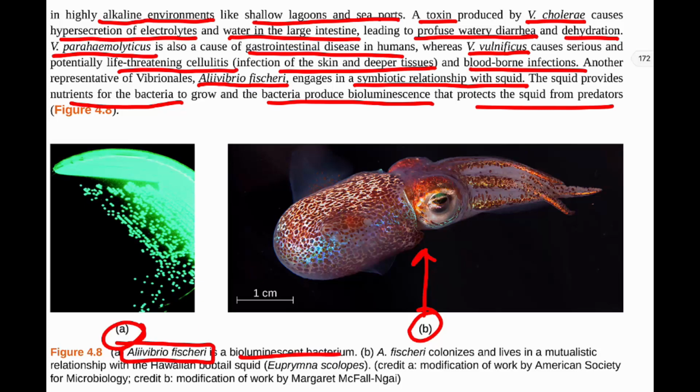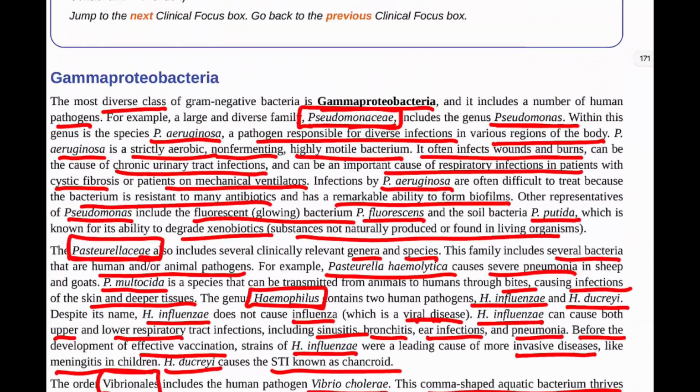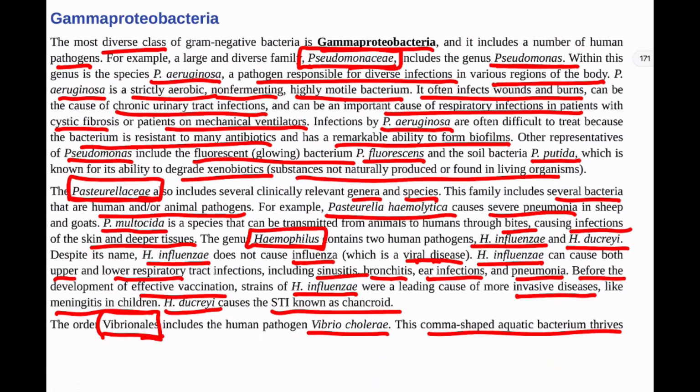So again, with these Gammaproteobacteria, we're going through these so that you have different examples of these proteobacteria that you're responsible for knowing. The specific examples given here are to show, for example, that Pseudomonas is a chronic urinary tract infection bacterium, versus Haemophilus, which gives us influenza and also bronchitis, ear infections.